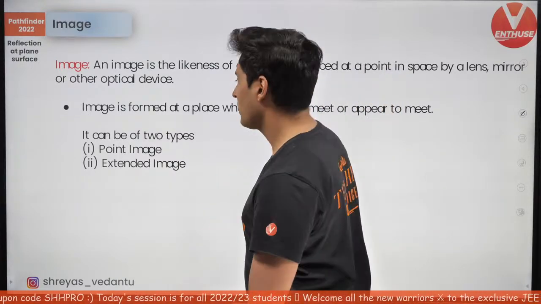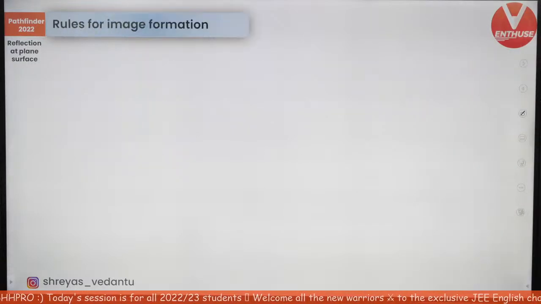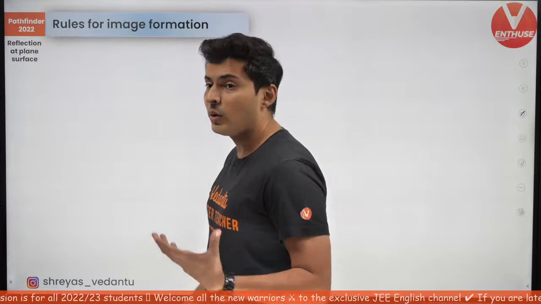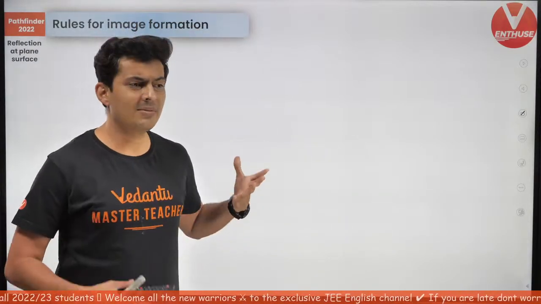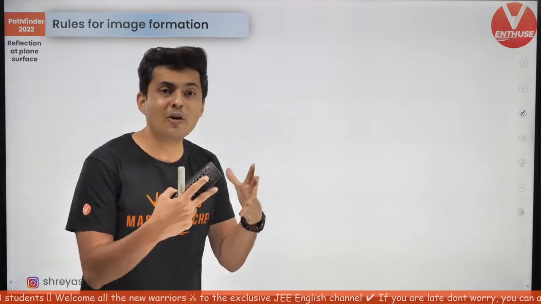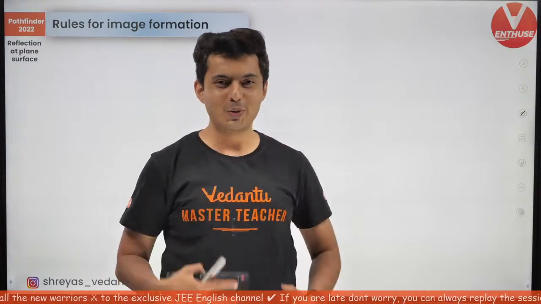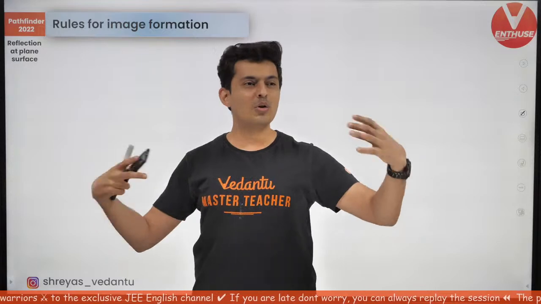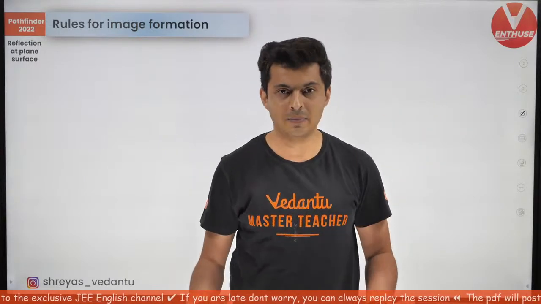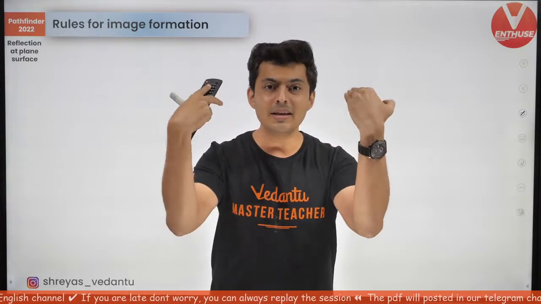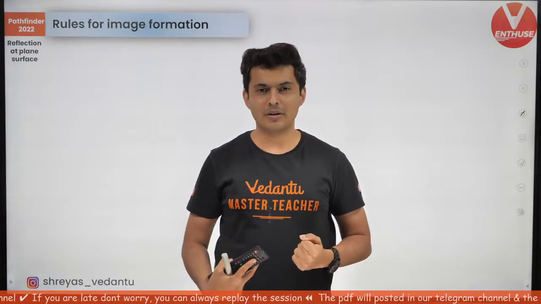Yeah, so again, the image can be of two types, but when I talk about an image, what exactly is an image? An image is a point or a set of points where the rays meet or appear to meet. For example, you stand in front of the mirror and look at yourself. You see a replica of you inside the mirror.